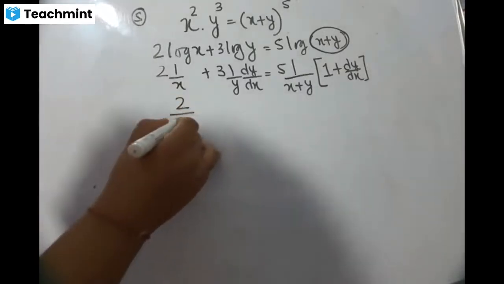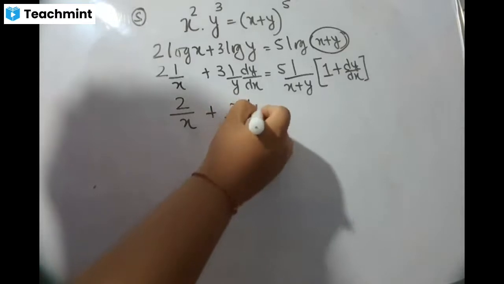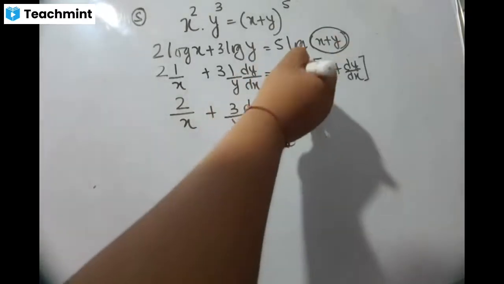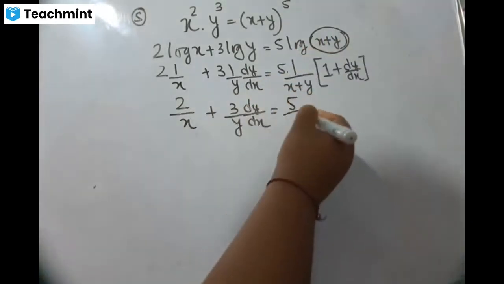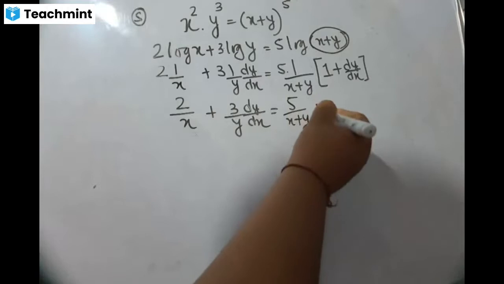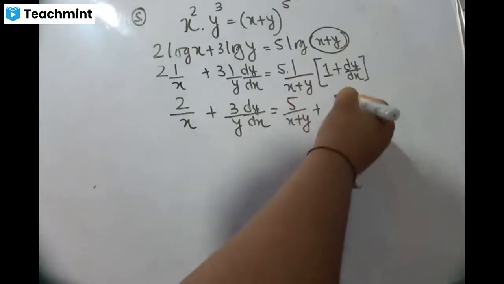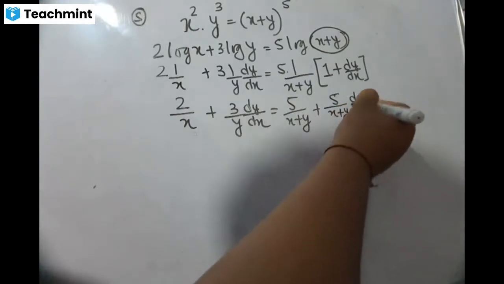What do you get? 2 by x plus 3 by y dy by dx equal to, look at this, 5 ones are 5. 5 by x plus y into 1 will give you 5 by x plus y, plus, because this is being multiplied 2 times, 5 by x plus y into dy by dx will give you 5 by x plus y into dy by dx.